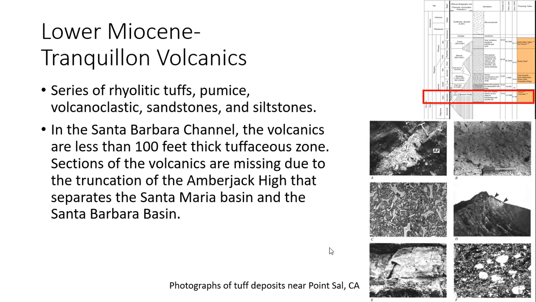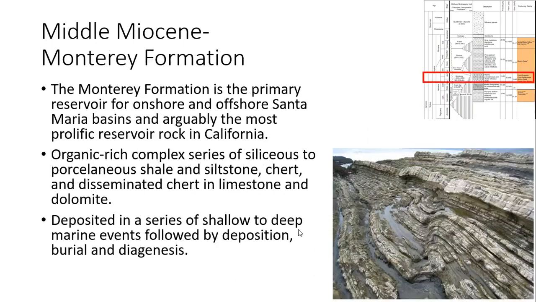These are just things that we learn as geologists when we're studying depositional environments and what they mean for the region. So the bread and butter of part of coastal California in the oil and gas industry is the Monterey Formation, which is middle Miocene in age.